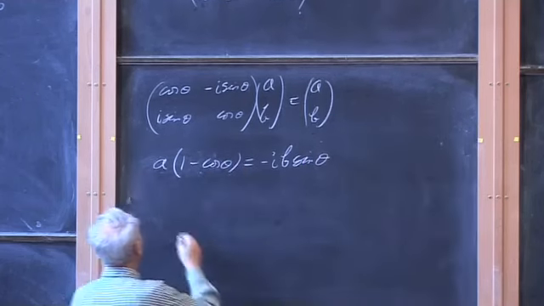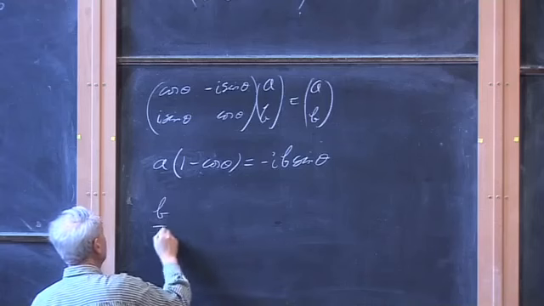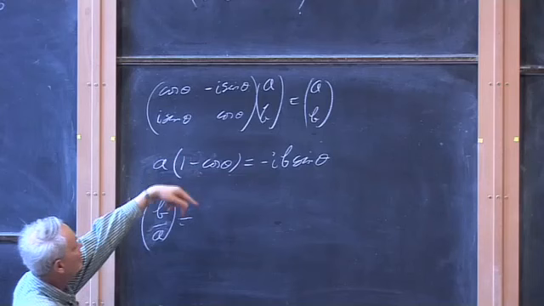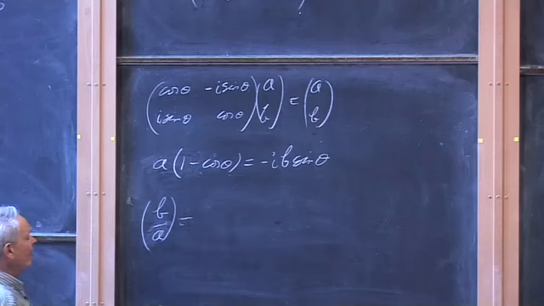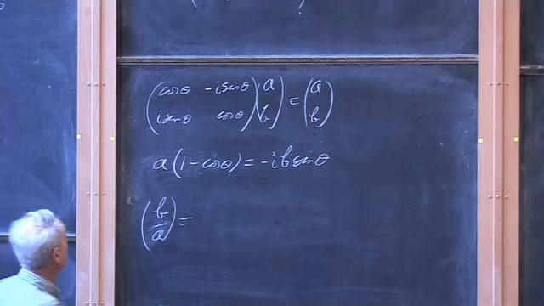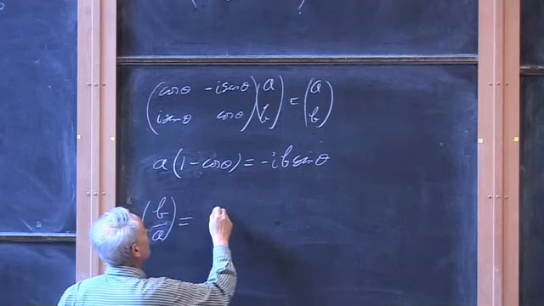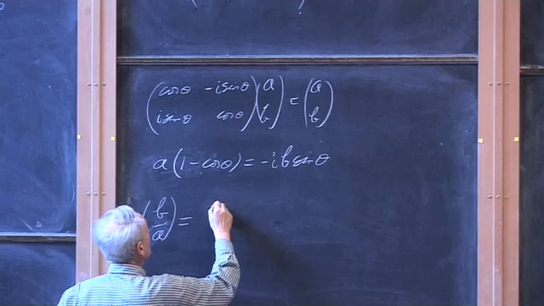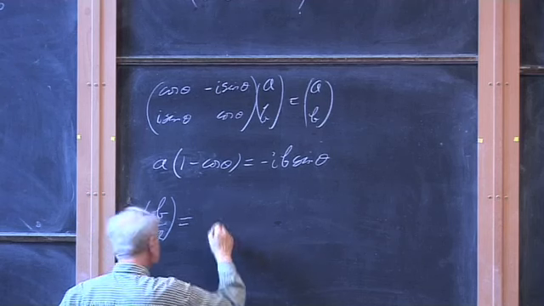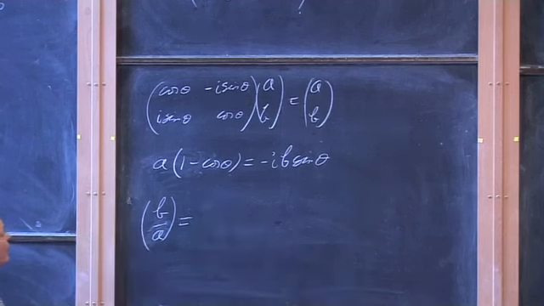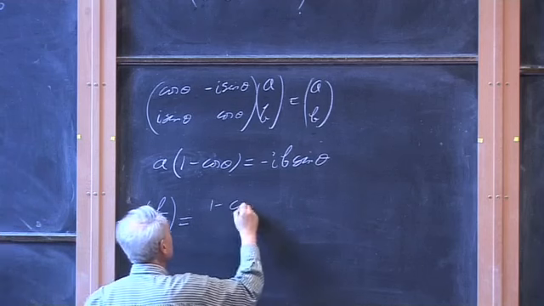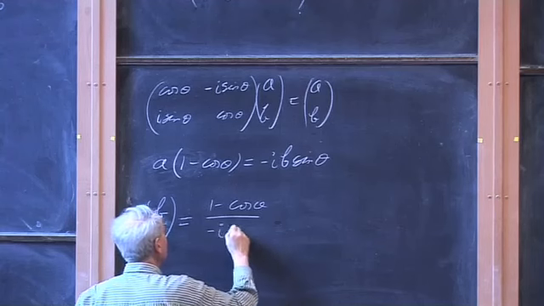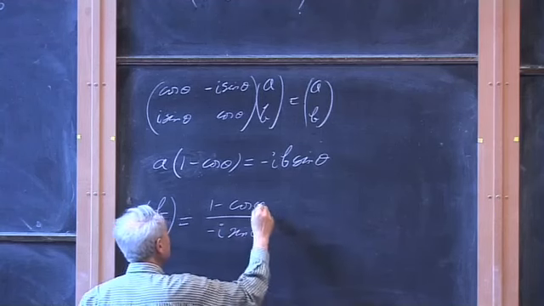In other words, we're going to have that B over A, it's only the ratio of A to B that I can determine out of this, the absolute values have to be determined from a normalization condition, is equal to 1 minus cos theta over minus i sine theta.